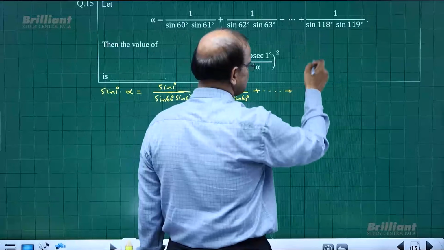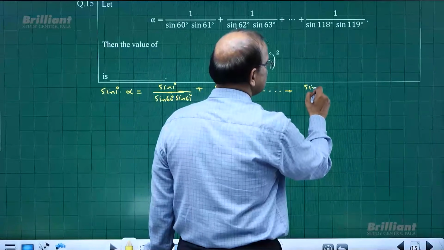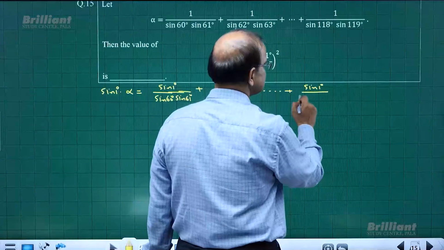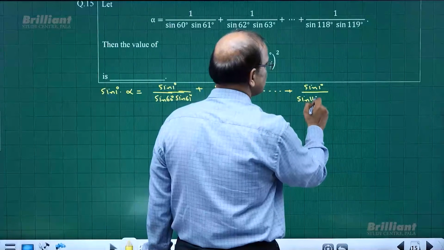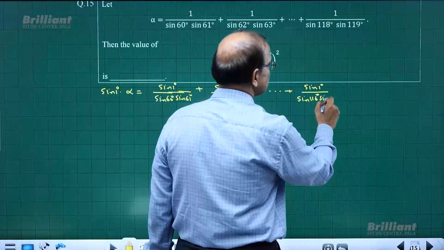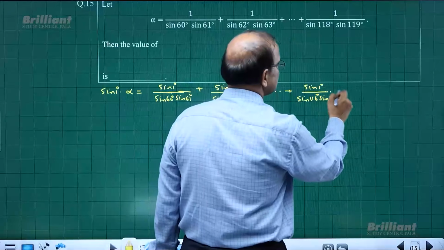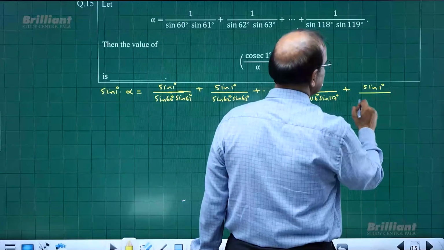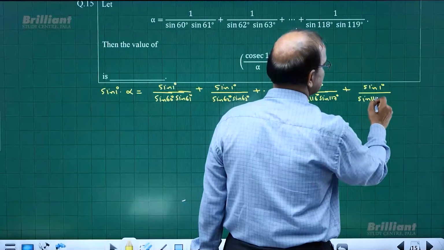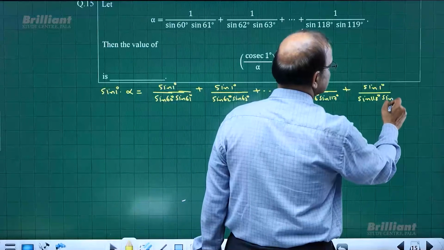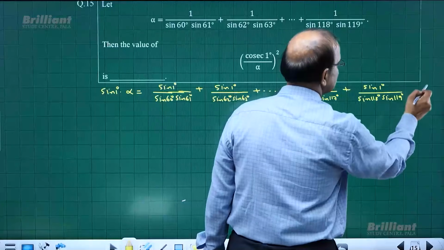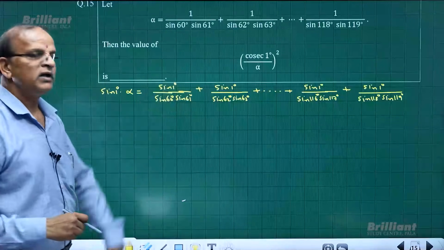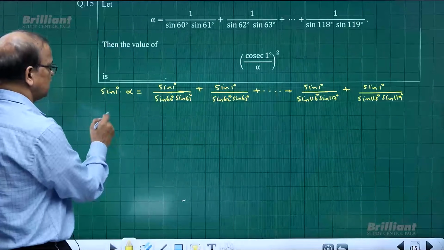What is the last but one? sin 1 degree by sin 116, sin 117, plus the last one is sin 1 degree by sin 118, sin 119. Okay. Now we will write the numerator sin 1 degree like this.